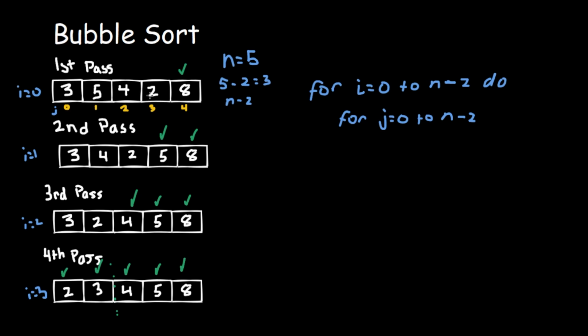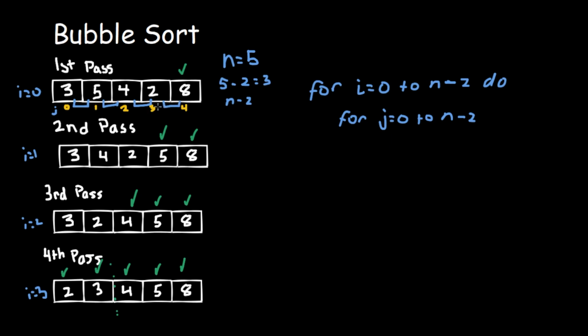Now it's not just n minus 2. If you look closer, how many comparisons have we made here? Let's check the comparisons, because that's what we're interested in to find the time complexity later on. So let's count them. We first compared index 0 and index 1. That's one comparison, 2 comparisons, 3 comparisons, 4 comparisons.